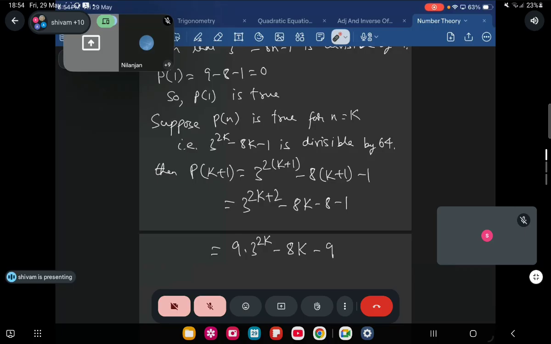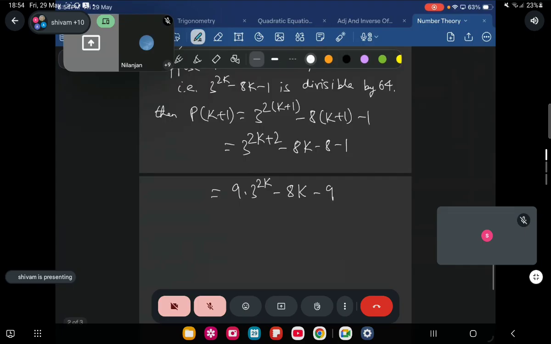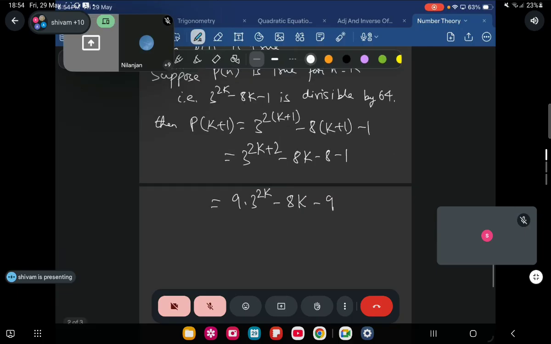So in order to take 8k common, can I write it as 8 into 3 to the power 2k, sorry, plus 3 to the power 2k minus 8k minus 1 minus 8.